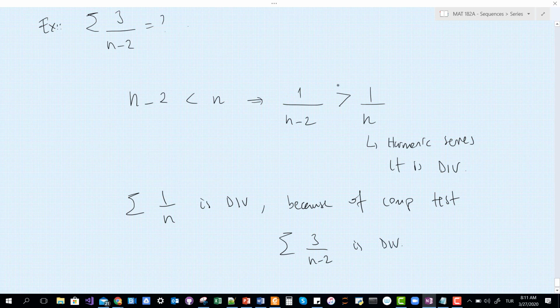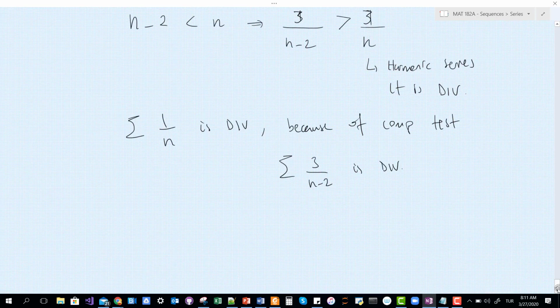Why? Since if the smaller one is divergent, of course the bigger one is going to be divergent, right? I just used the second part. We forgot here to multiply by 3. Of course, you can multiply by 3 on both sides to get the term.